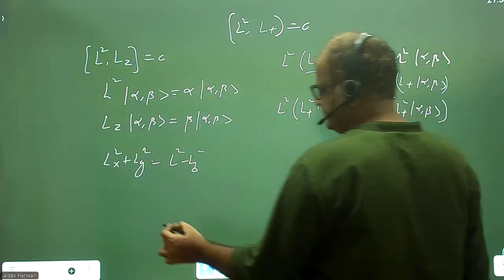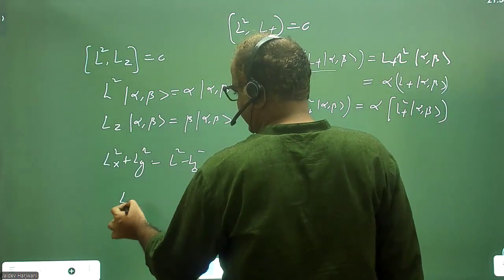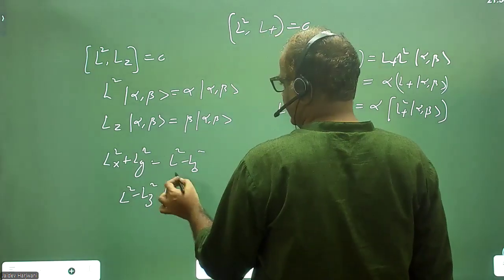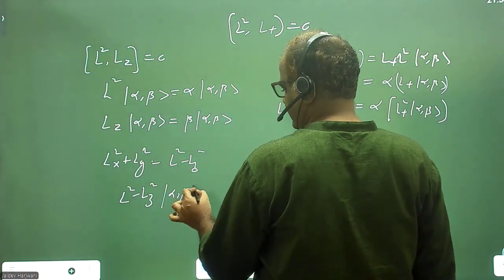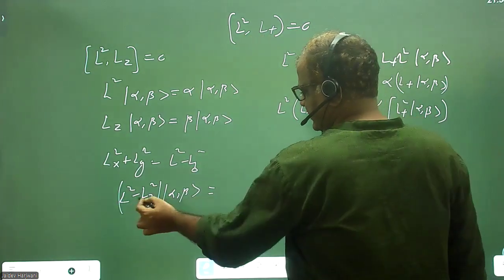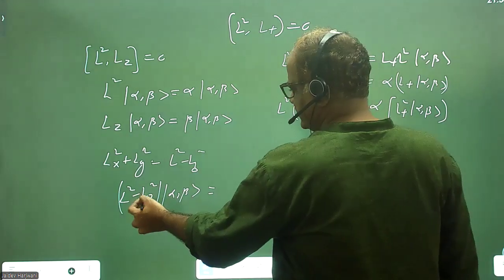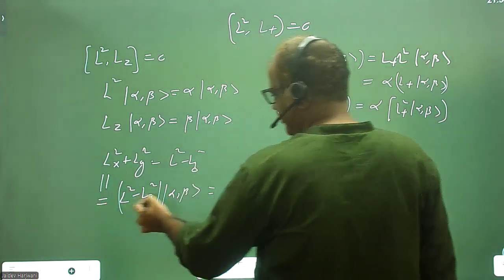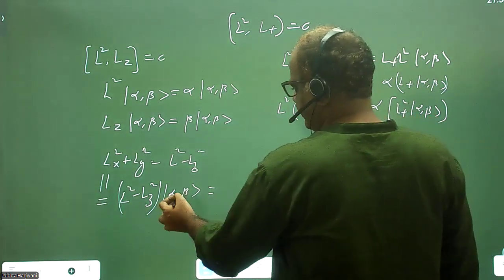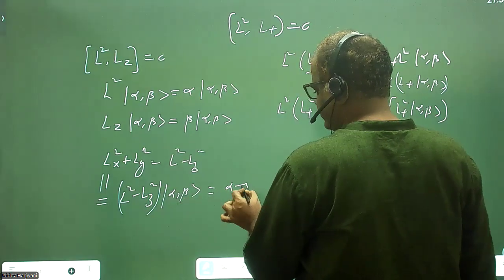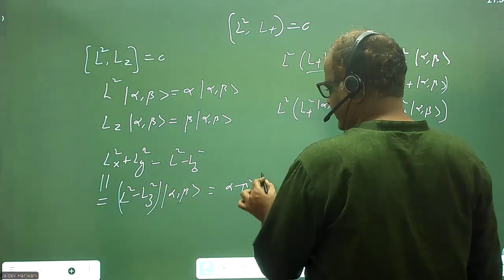Now let us operate L square minus Lz square on the state alpha beta and see what happens. L square operates here, you get alpha, and Lz square gives you beta square, alpha beta.